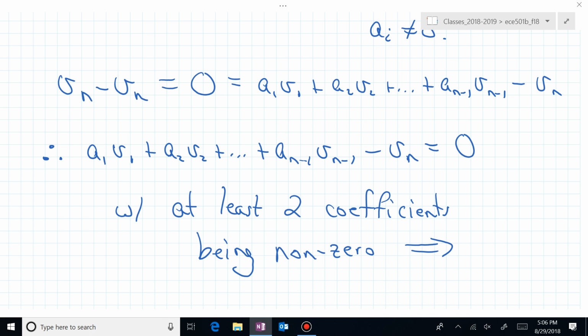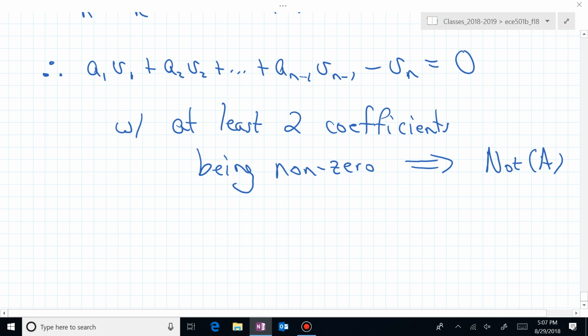How do we connect this? I have a linear combination of V1 through V sub n equaling 0, and I have some non-zero coefficients. If V1 through Vn were linearly independent, all the coefficients would have to be 0, wouldn't they? So this is really saying not A.